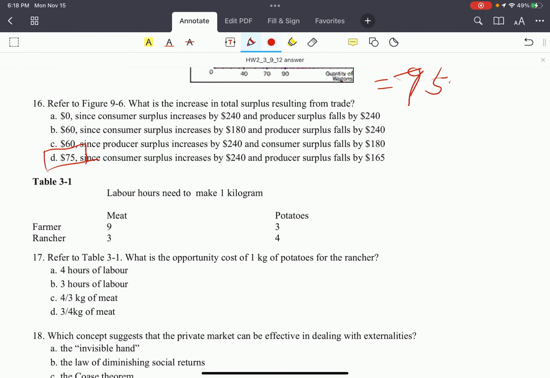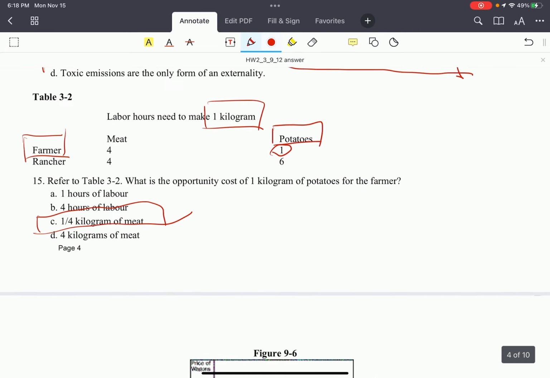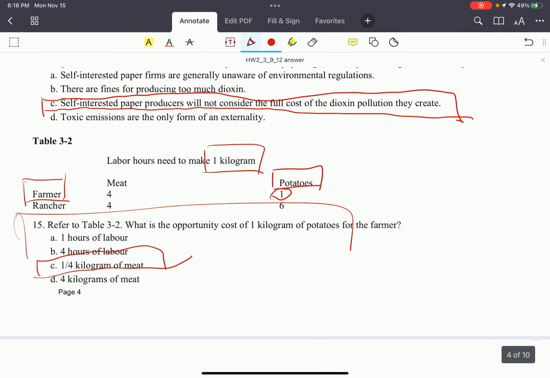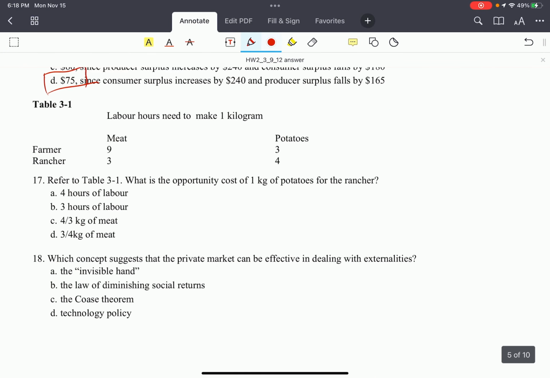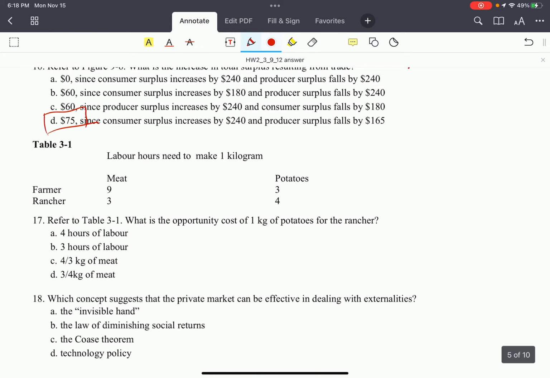So what is the opportunity cost of 1 kg of potatoes for the rancher? Okay, it's similar to the problem we have just done, right? It's exactly the same, but we're just talking about the rancher now. If the rancher produces 1 kilogram of potatoes, she would spend 4 hours.